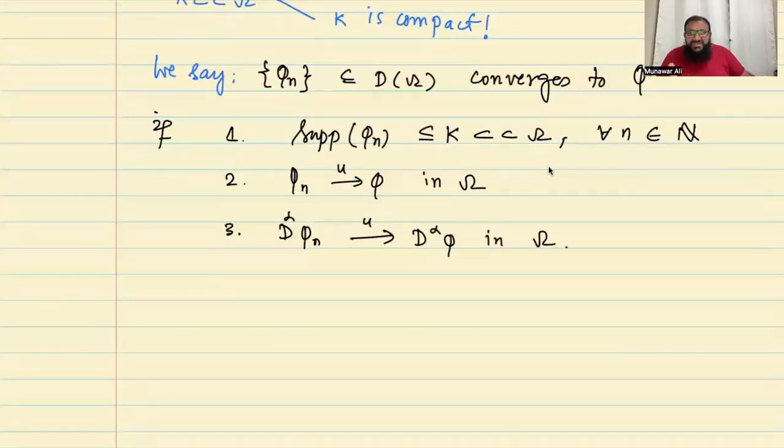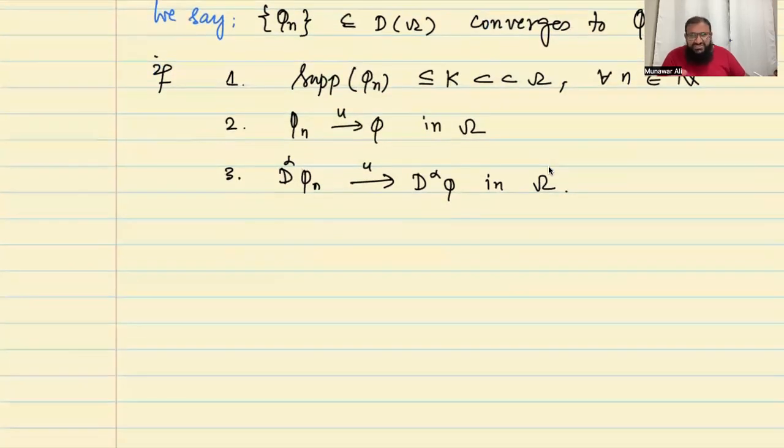So if these three conditions are satisfied, we say that this phi_n converges to some phi in the space of test functions. So a test function is simply a C infinity function with compact support, and you define convergence in this way.